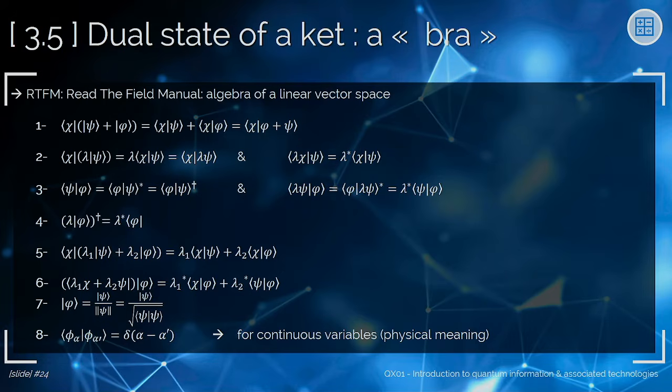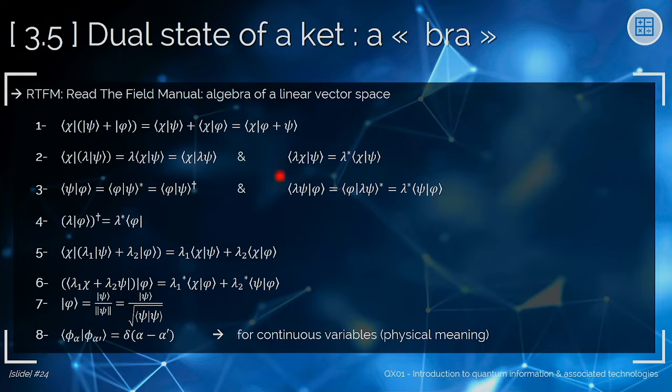Sometimes you may see this notation. It's the same thing. I have closure, except that now the closure is a bit different, because if I do the inner product of chi with lambda psi, that's equal to lambda times chi psi.